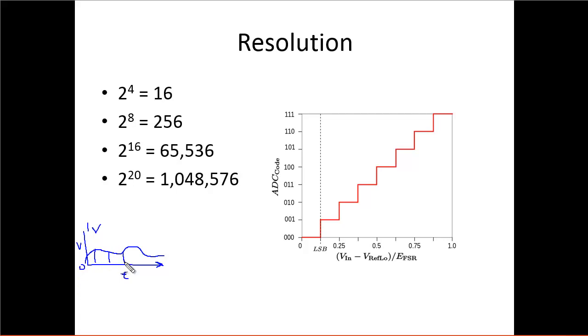At discrete intervals, I'm going to take readings, and whatever the value is there, I'm going to generate a table of digital numbers that come out. So I've got 1, 2, 3, 4, 5 readings here.